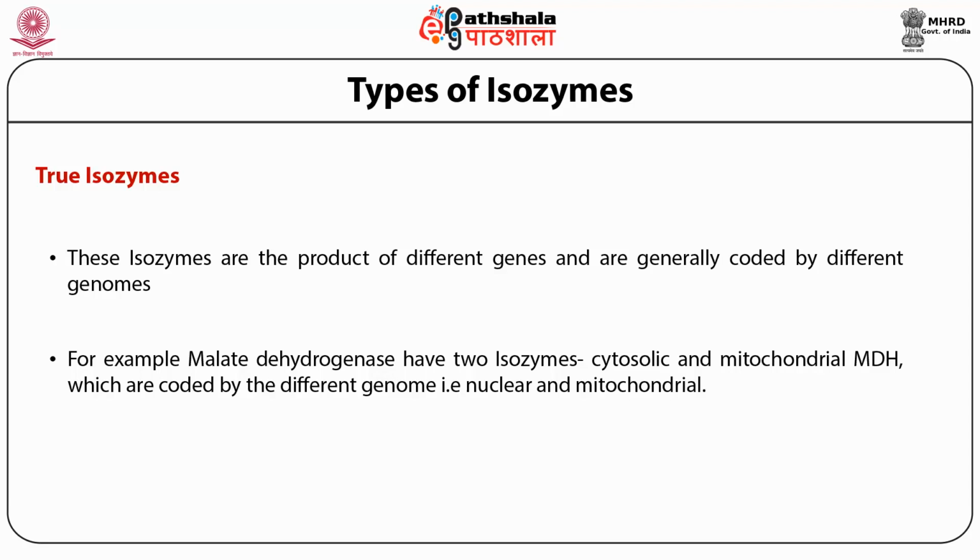But if you remember the function, mitochondrial malate dehydrogenase converts malate into oxaloacetate, while cytosolic malate dehydrogenase converts oxaloacetate into malate.